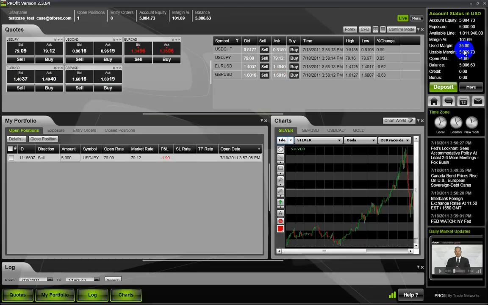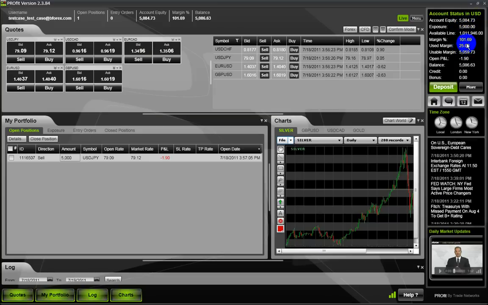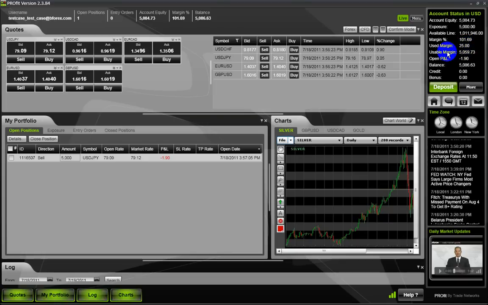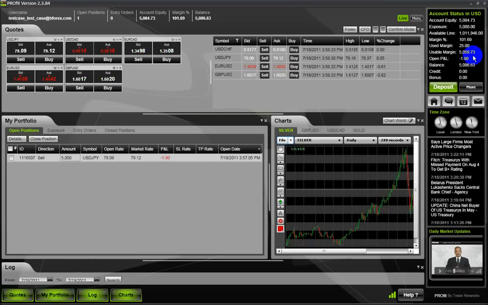So that means from the total equity of our account, we are using only $25. Okay, and the rest of the margin is going to be called the usable margin. So that's margin that we're still able to use. So the usable margin plus the used margin is going to equal our total equity.